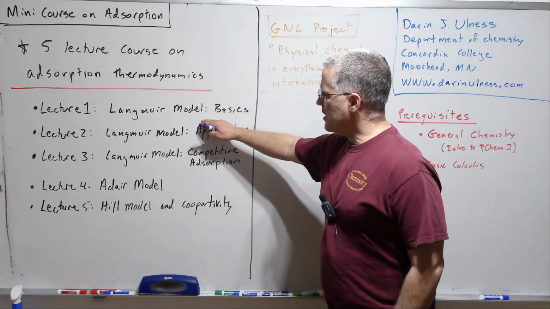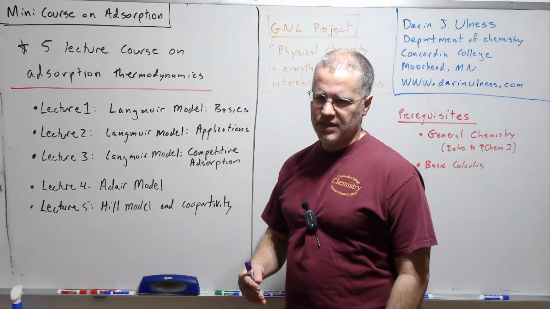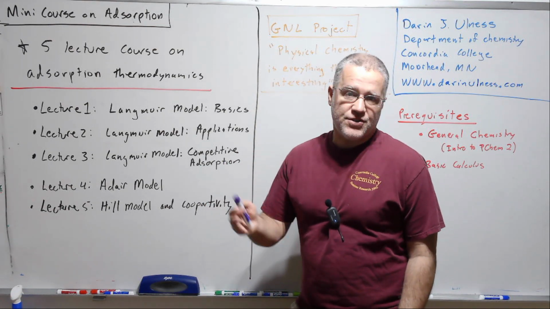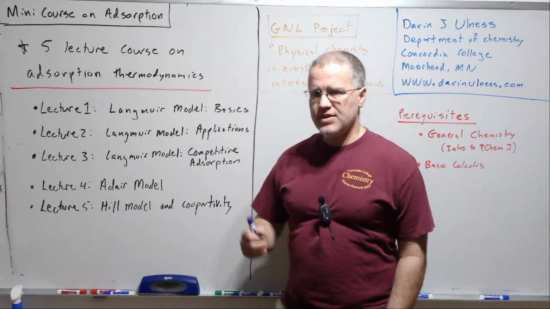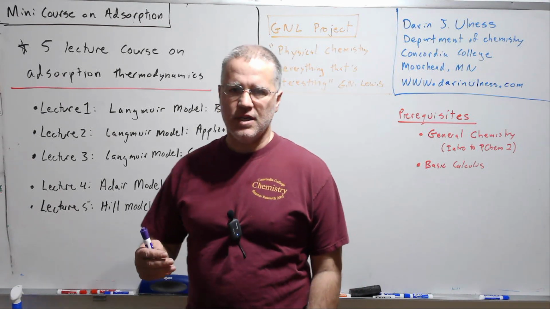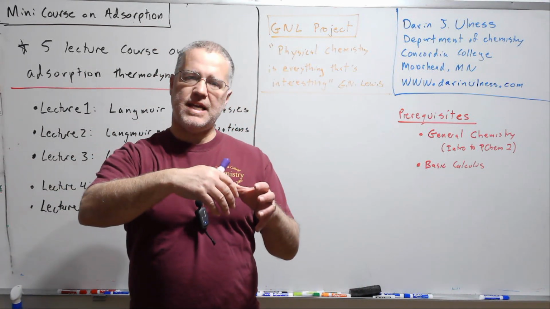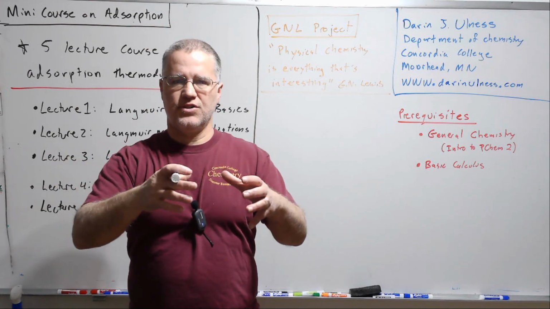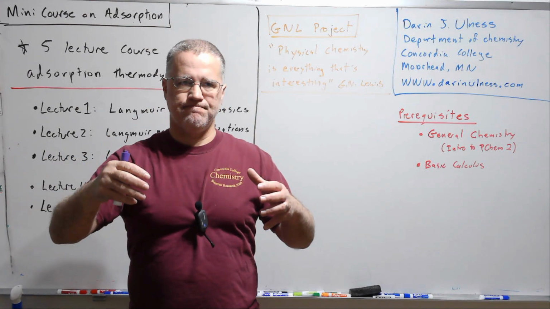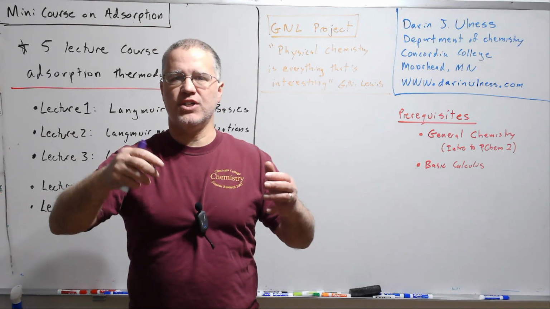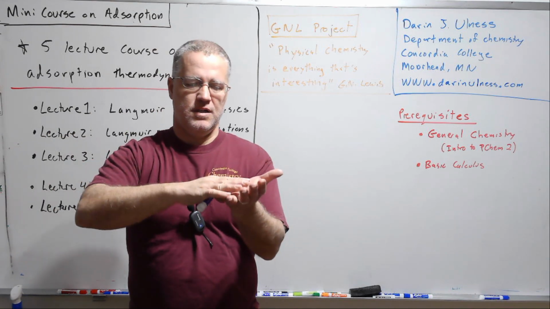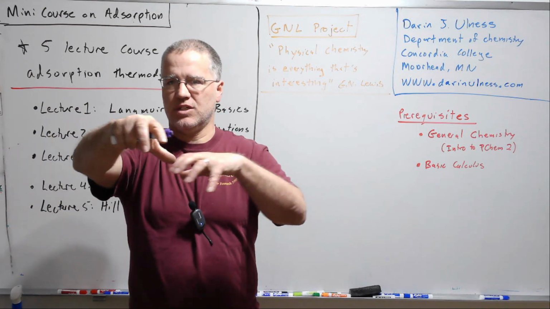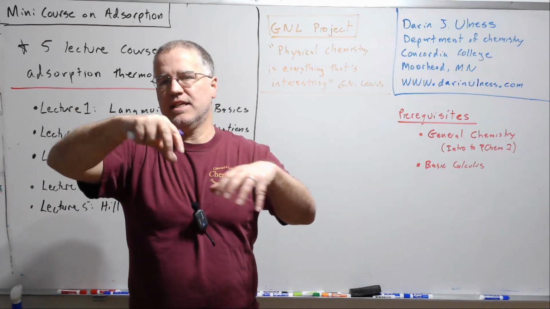All right, so this consists of 5 lectures. The first one is on the Langmuir model. The Langmuir model is really something you should know as an aspiring physical chemist or just scientist in general. This is a model that describes basic uncooperative binding to sites on a surface, so any kind of situation where we have some sort of binding interaction that is not influenced by whether or not other binding is taking place.